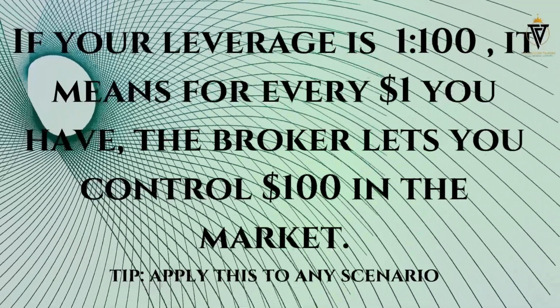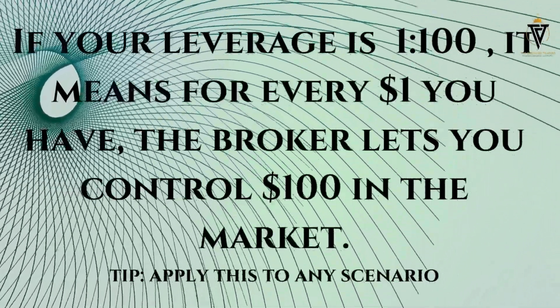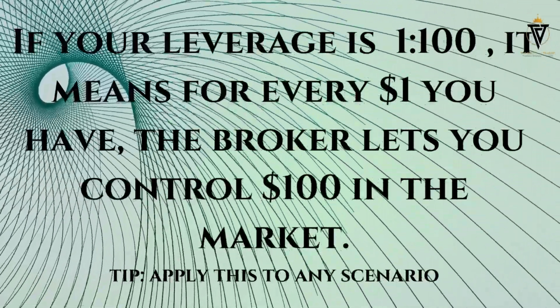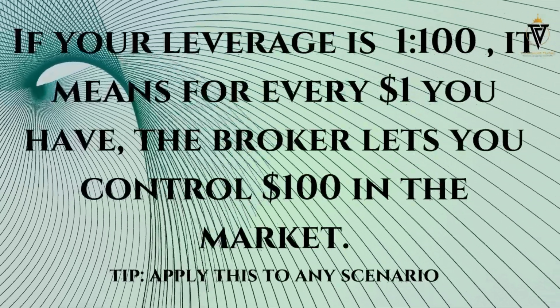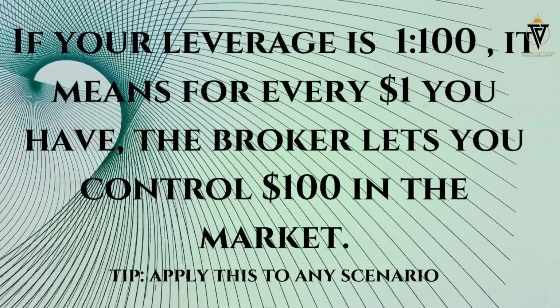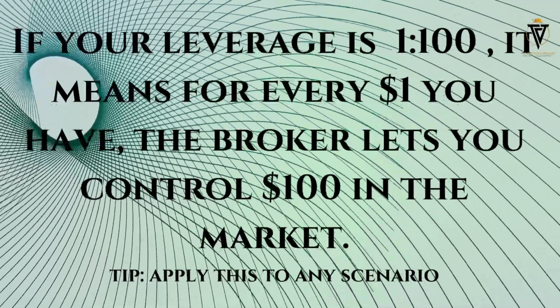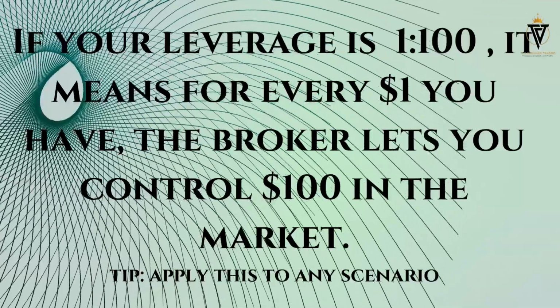If your leverage is 1:500, it means for every $1, the broker allows you to control up to, potentially, $500. If your leverage is 1:1000, it means for every $1 you have, the broker allows you to control $1,000 in the market. Sounds powerful, right?